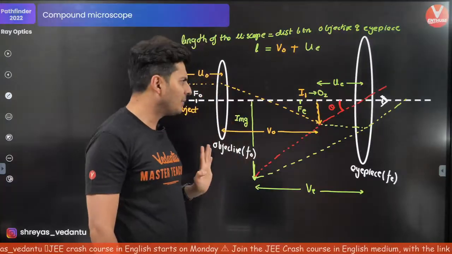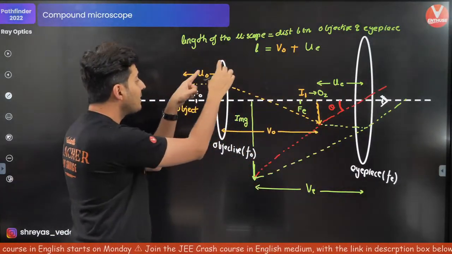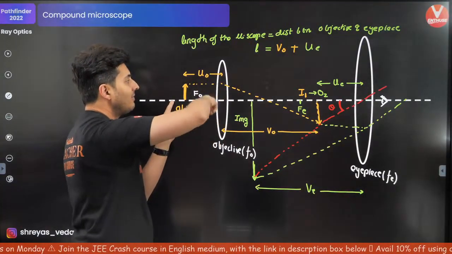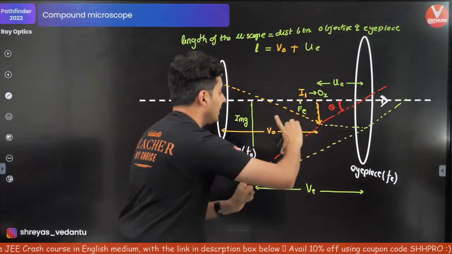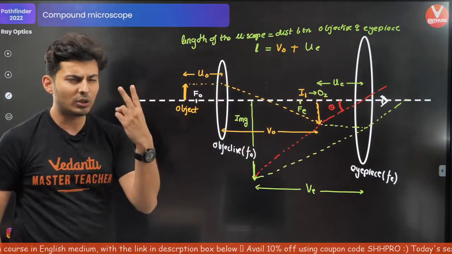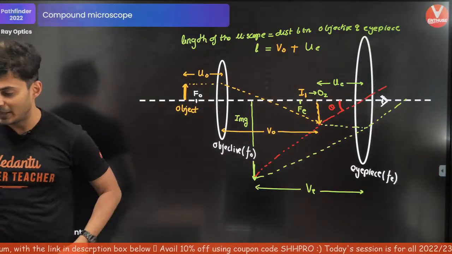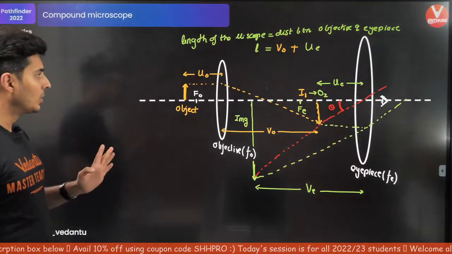So let's keep that in mind also. Remember, the intermediate image is already magnified because of this lens. So this object got magnified and then it has got magnified here. So there are two magnifications which have happened over here. Is that understood, my warriors? Perfecto.